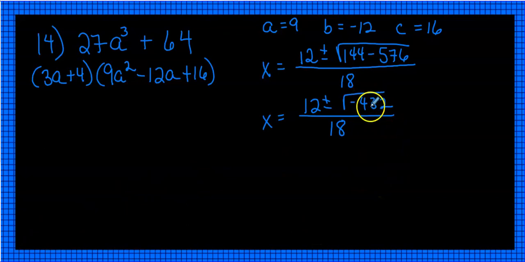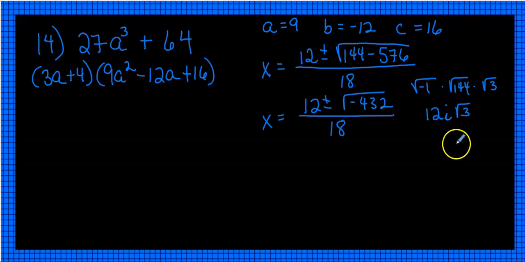And so 144 divides into 432. So I can rewrite this as square root of negative 1 times square root of 144 times square root of 3. And then I can take out the square root here, that's 12. Square root of negative 1 is i. So this right here is 12i root 3.